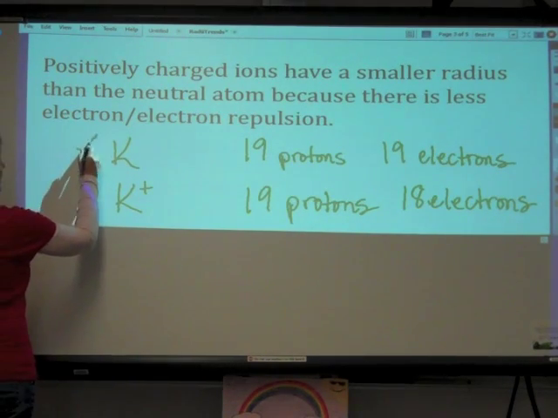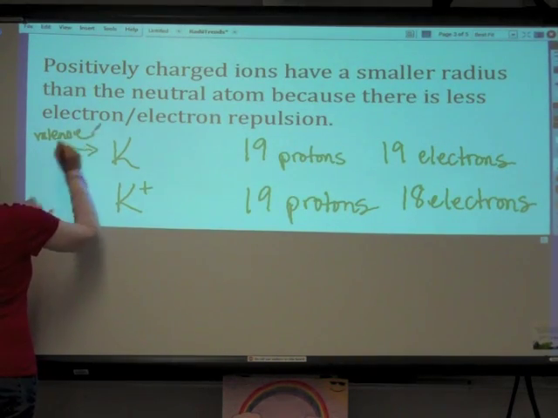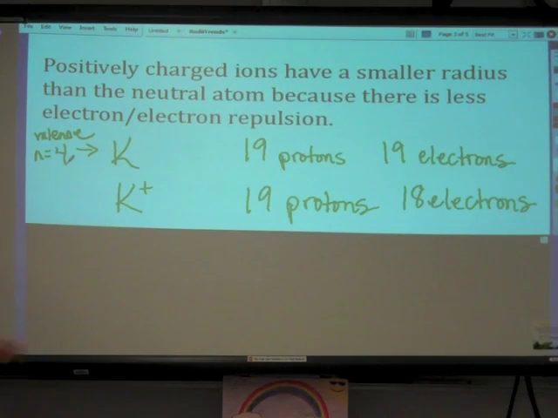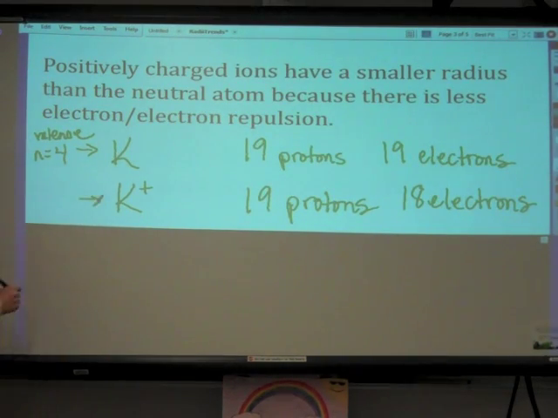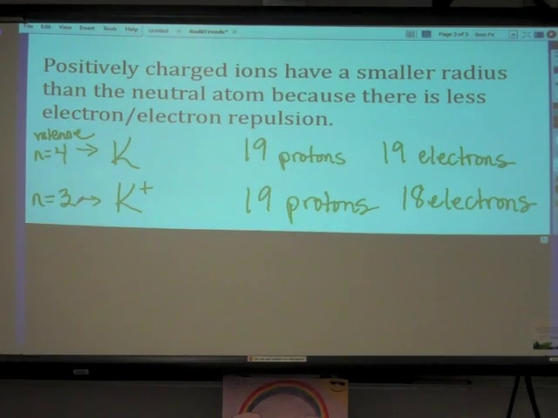So for the potassium atom, n equals 4. The quantum level is 4. For the potassium ion, it's given up its valence electron, so where is its valence now? Its valence is in quantum level 3, which is significantly closer to the nucleus.